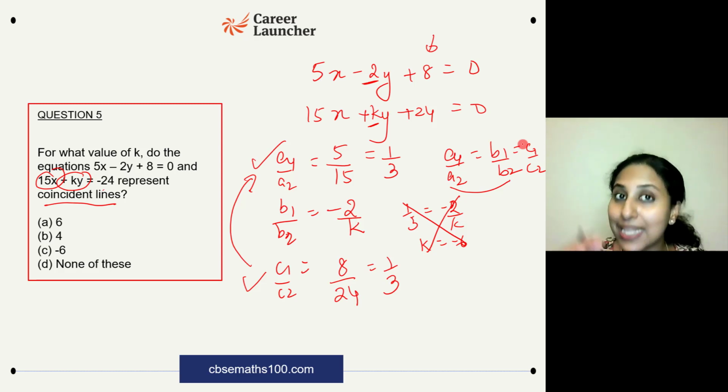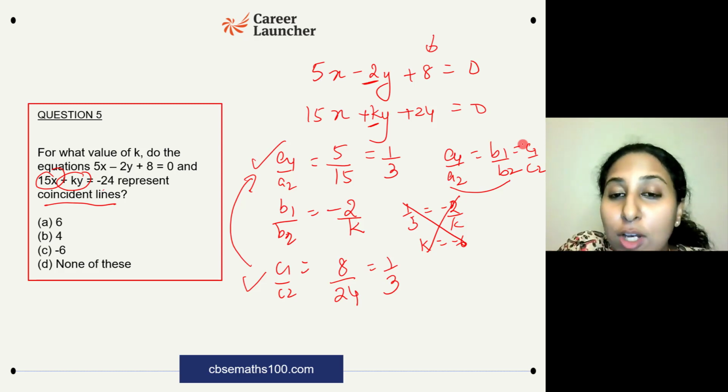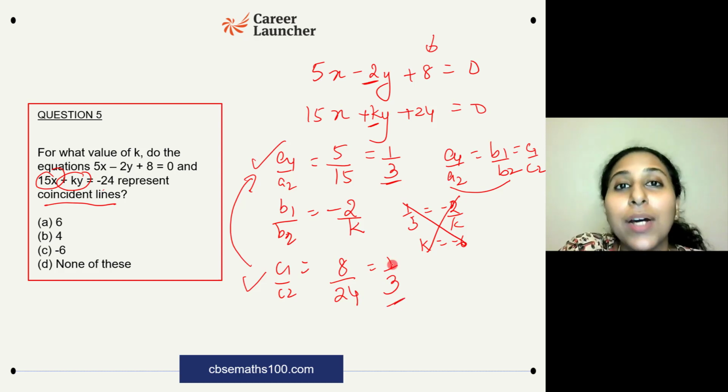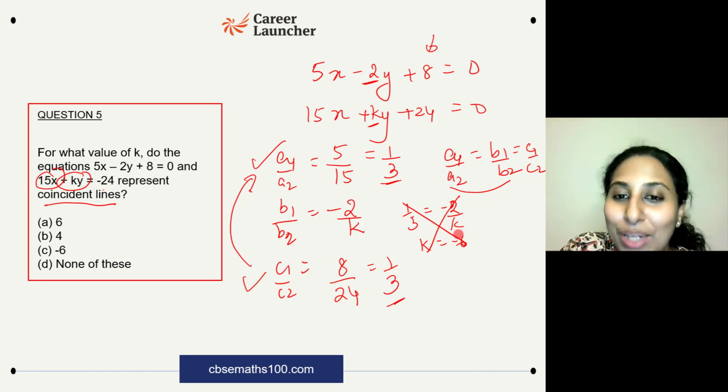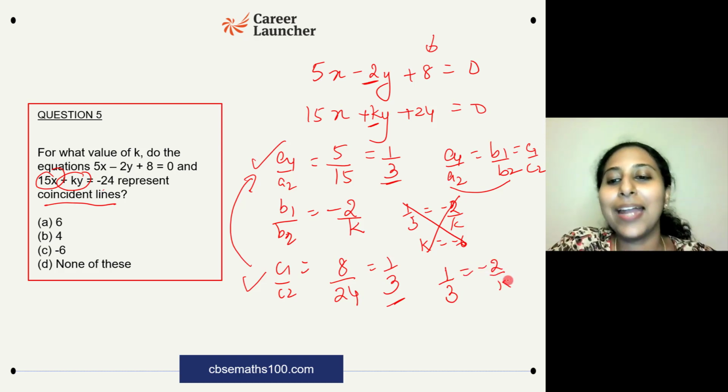How are we sure that yes, this could be coincident lines? Because the values are becoming equal. You're getting 1 by 3 equals 1 by 3. So then yes, you could do what we did earlier. You can say 1 by 3 is equal to minus 2 by k, and k is equal to minus 6.